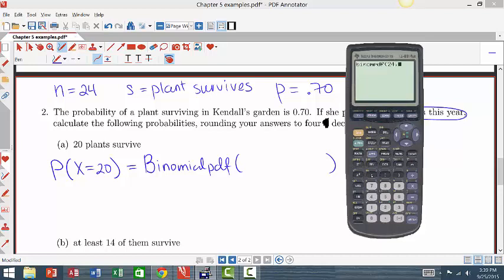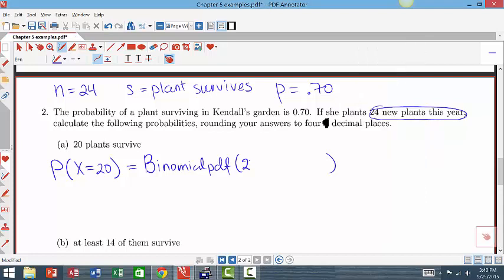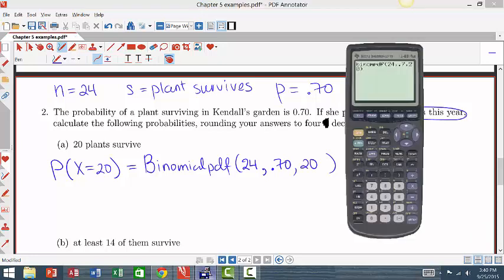Then the probability of success for each individual trial is 0.7. And how many successes are we interested in? In our case, it's 20. So over here, 24 trials, 0.70, and exactly 20.